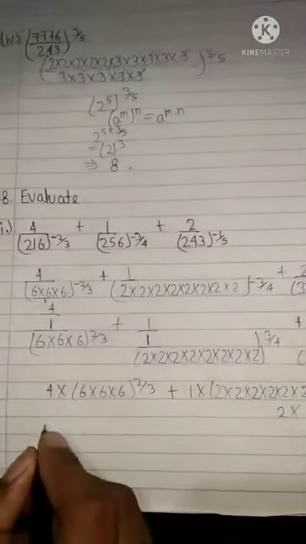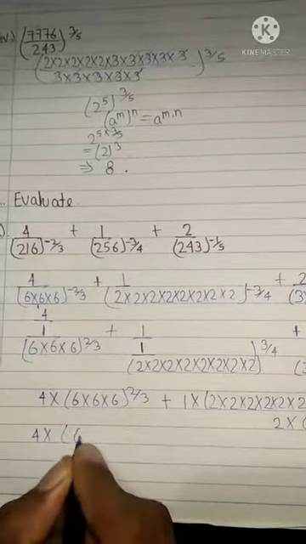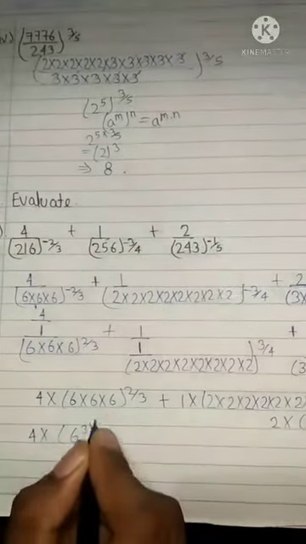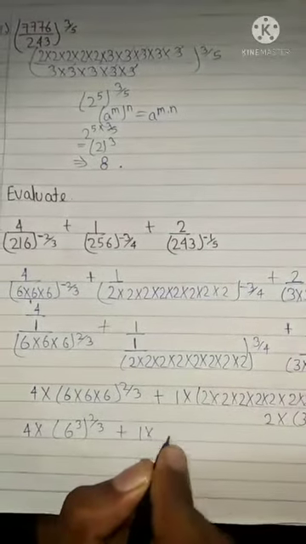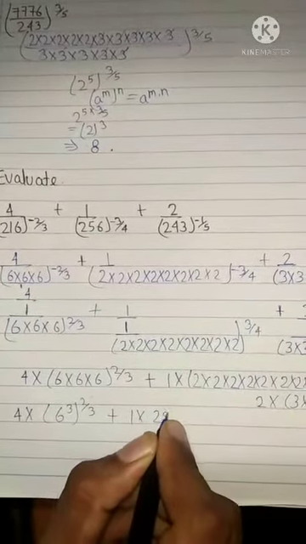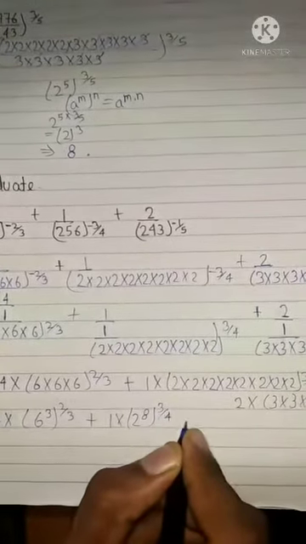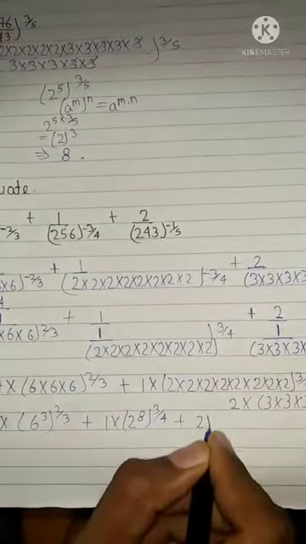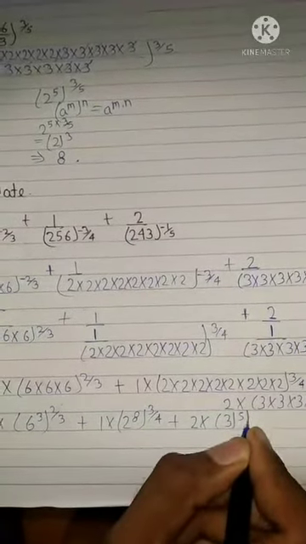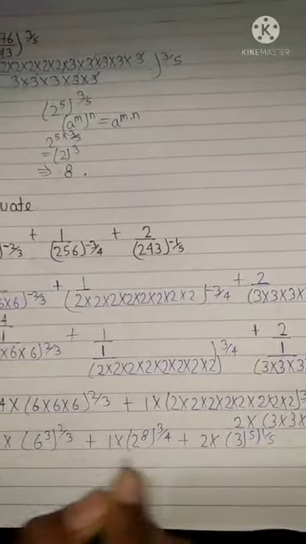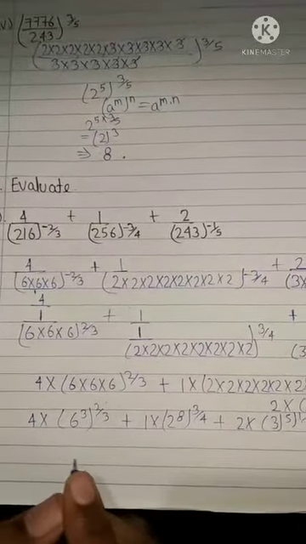So what you can write: 4 into 6 to the power 3 whole to the power 2 by 3, plus 1 into 2 to the power 8 whole to the power 3 by 4, plus 2 into 3 to the power 5 whole to the power 1 by 5, using the identity a to the power m whole to the power n equals a to the power m into n.